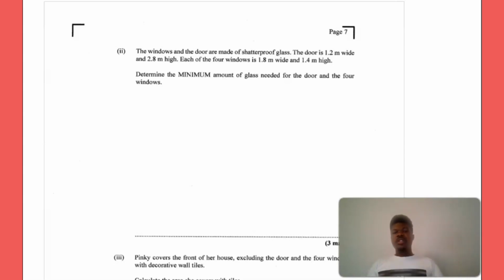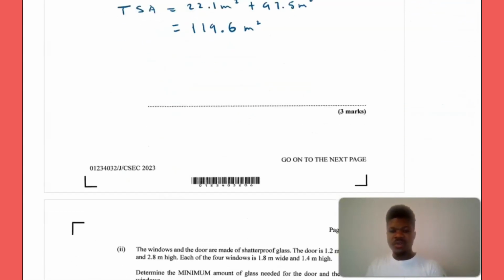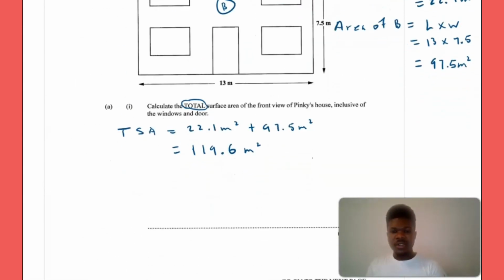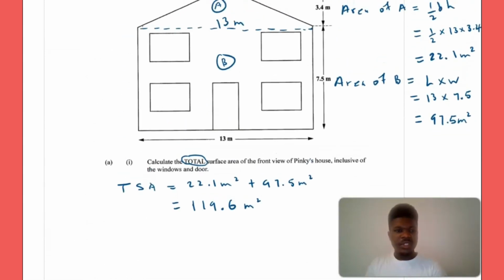All right, so we no longer need to go back up. You can choose to go up and enter in the dimensions, but we can visualize it here. So the door first is 1.2 by 2.8. So let's enter here. So 1.2.